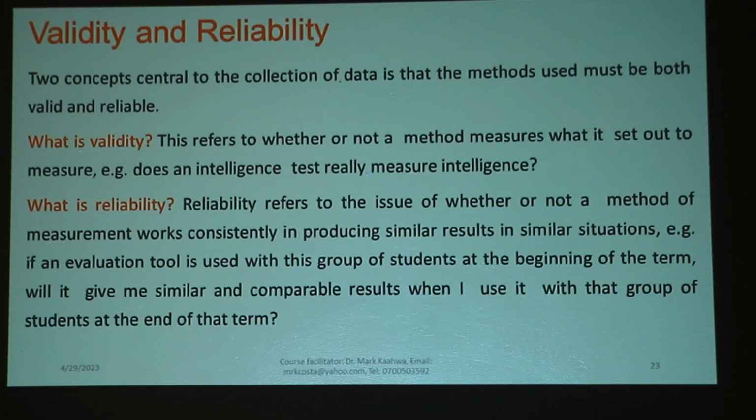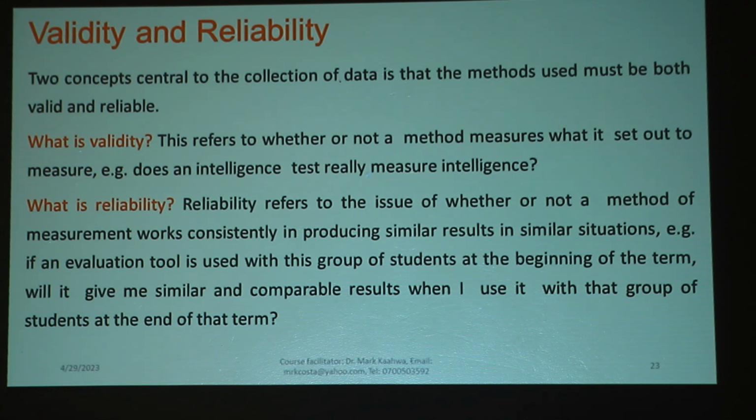So there are 2 important concepts that we normally talk about in regards to data collection. We always talk of validity and reliability. And these are very, very important concepts. These 2 concepts are central to collection of data, in that the methods used must be both valid and reliable.